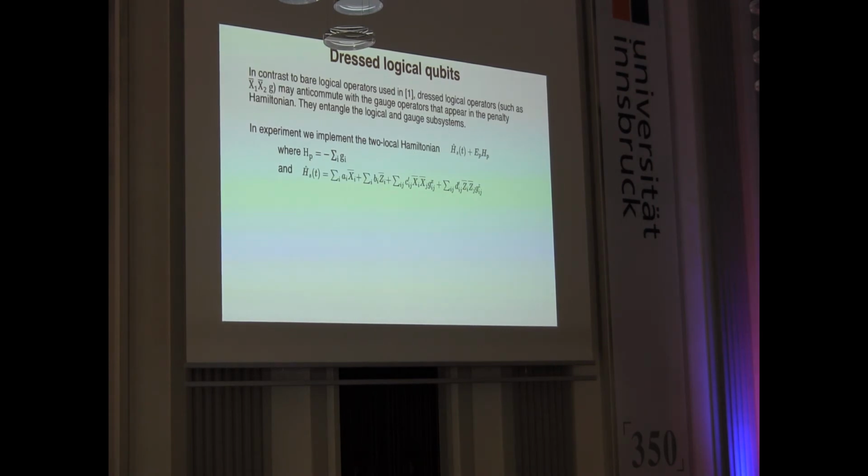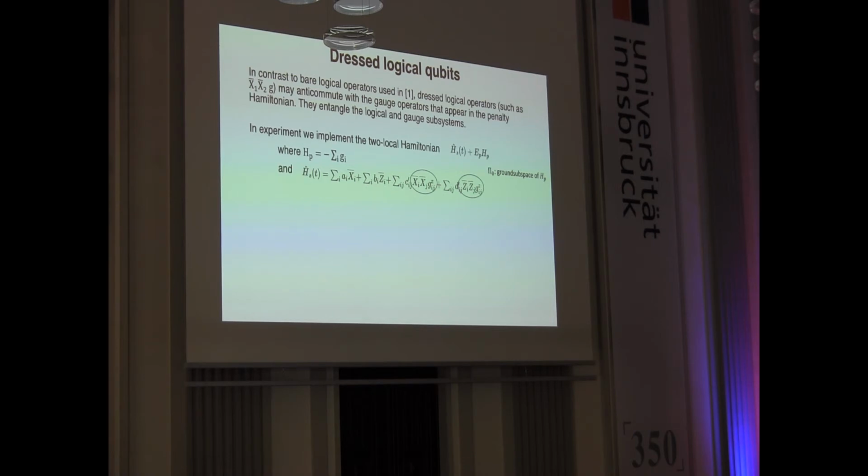One thing that I want to mention is that because I'm using these logical operators here, I have to go beyond what I was describing in the previous scheme, which was saying that the Hamiltonian that performs computation commutes with the Hamiltonian that protects against error. Here I have to go beyond that, because when I implement this 2-body Hamiltonian at the physical level, these gauge operators would be important.